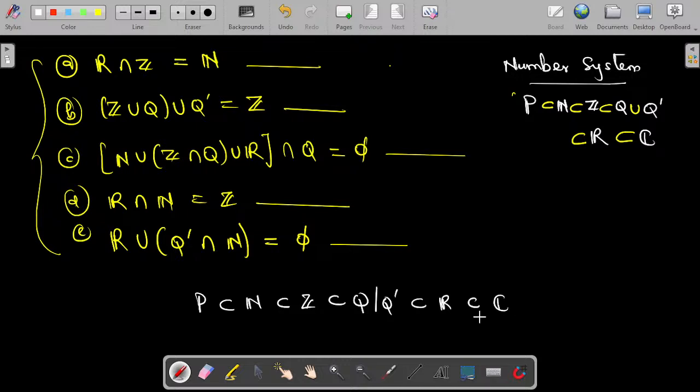Please take note that if Q intersection Q prime is empty, the meaning is that if you take any other set that is below Q, its intersection with Q prime will also be empty.